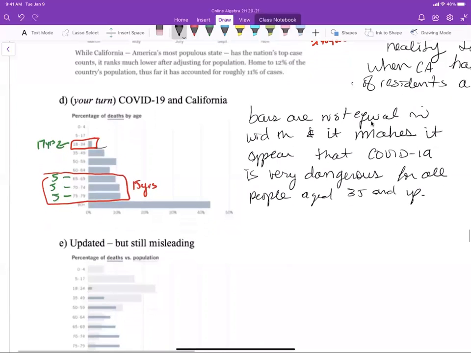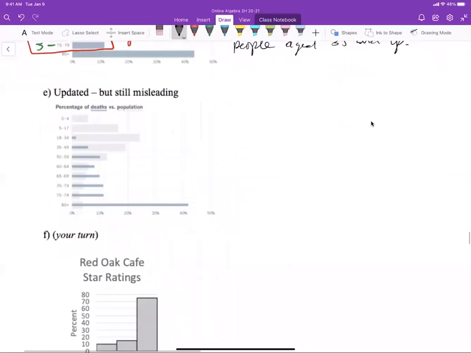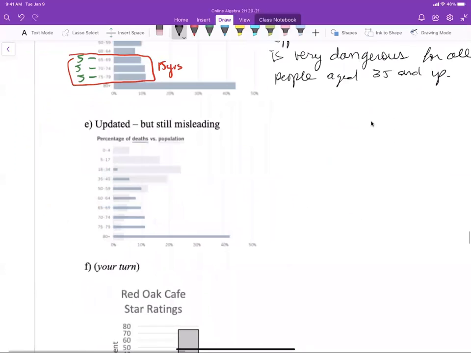Now they updated this graph. Maybe there were some complaints. And here is the new updated version. This time they have included, in light shaded gray, the percentage of population. So you can see that there is a much larger percent of population in this age bracket of 18 to 34, because once again, that is a 17-year span.